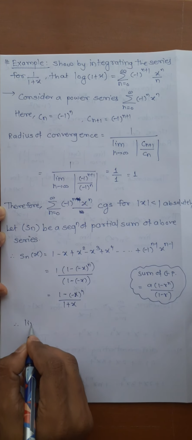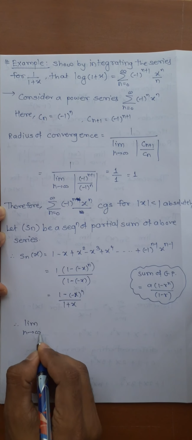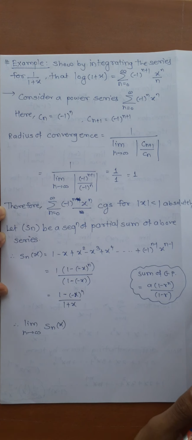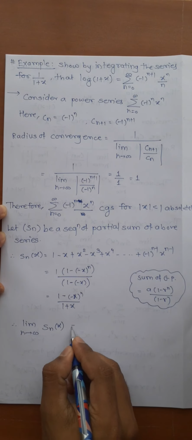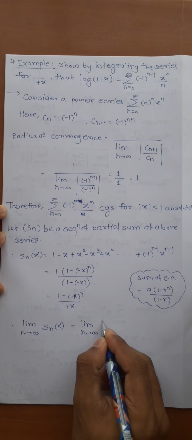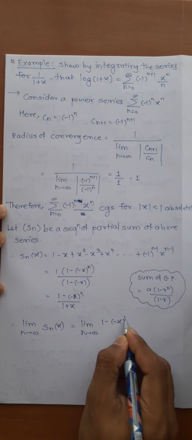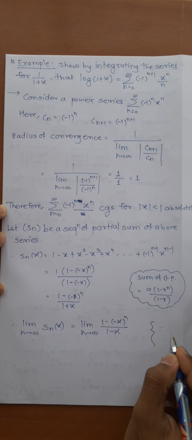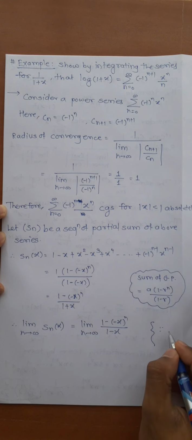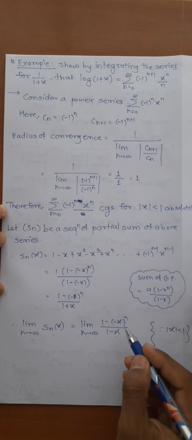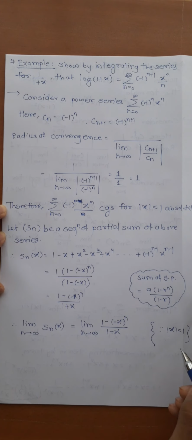So limit n tends to infinity of Sn of x is equal to limit n tends to infinity of (1 - (-x)^n)/(1 + x). But one important thing we have is mod x less than 1. If mod x is less than 1 and you take the power to infinity, obviously it will go to 0.